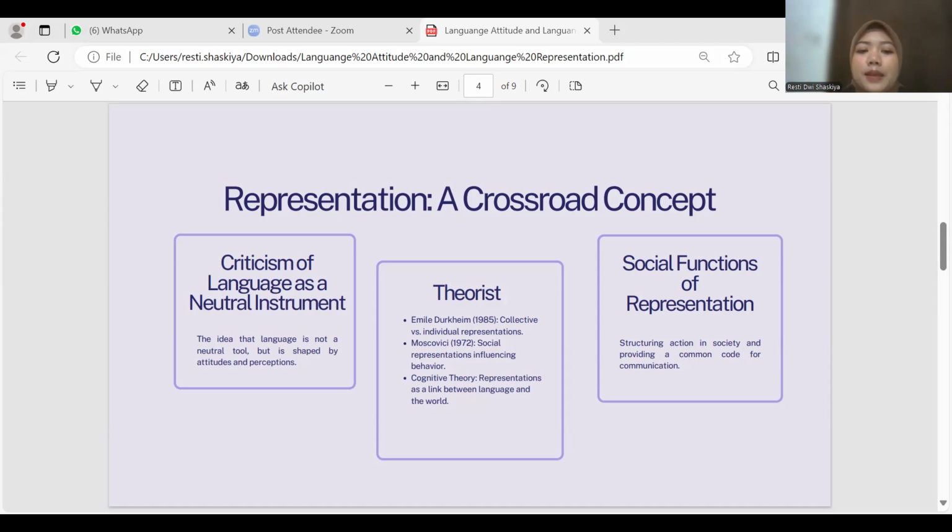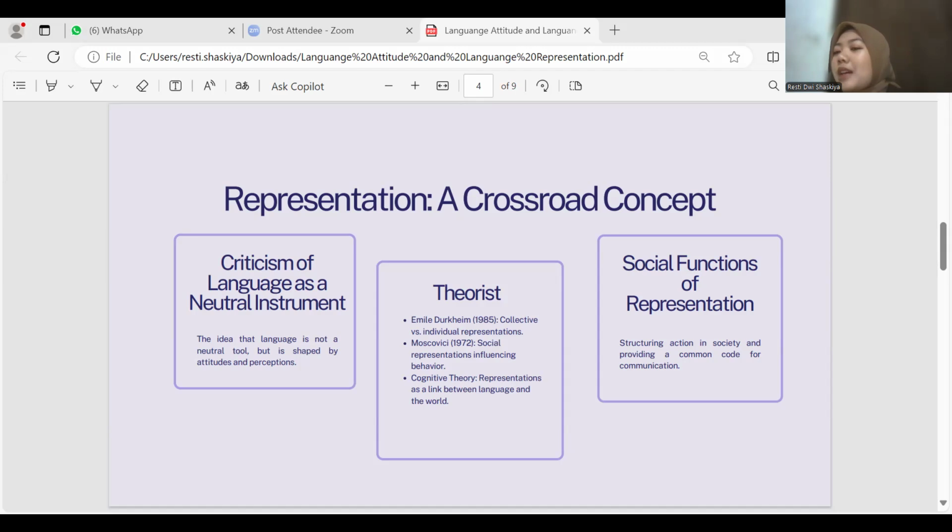Lastly, based on cognitive theory. Cognitive theory suggests that representations are the mental images or concepts that link language to the world around us. This mental representation helps us understand and talk about the world, shaping how we think and communicate. And the third is the social function of representation.